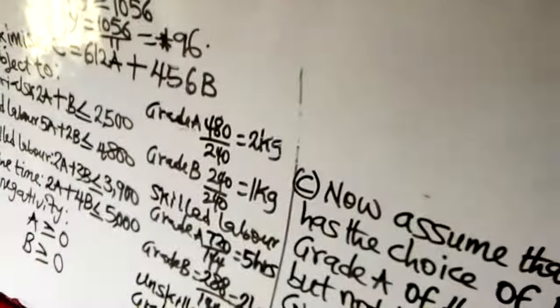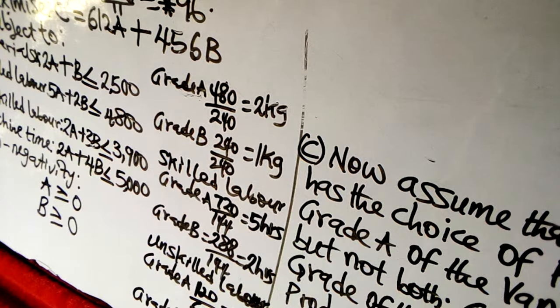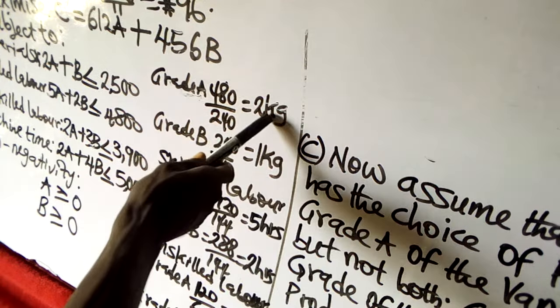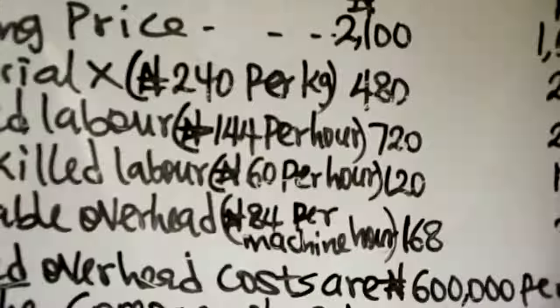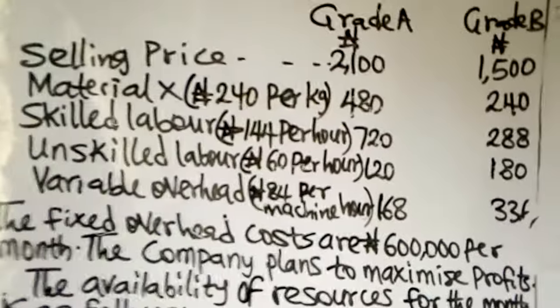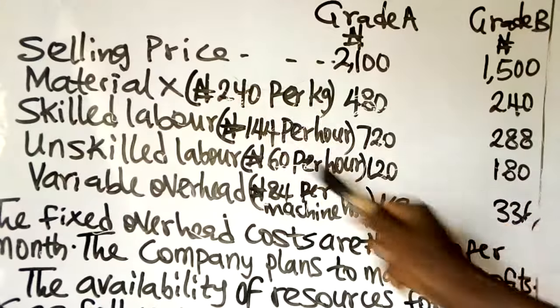Remember from our earlier calculation, to produce 1 unit of grade A, you require 2 kg of material, which was determined from the cost details we were given. So materials 240 naira, we divided 480 by 240, 240 by 240.